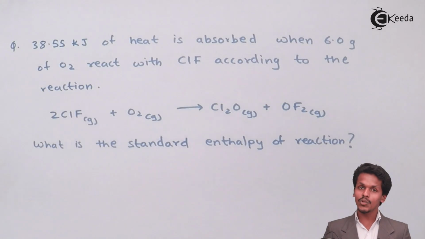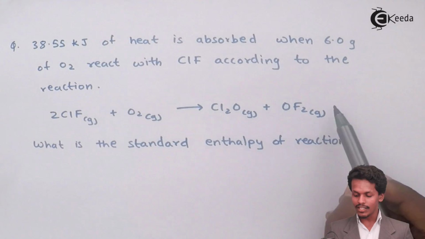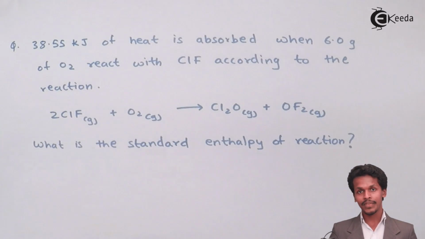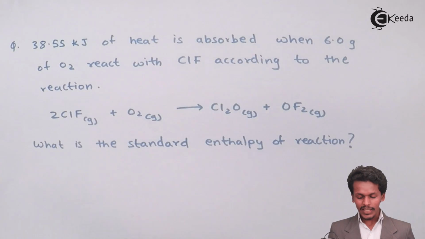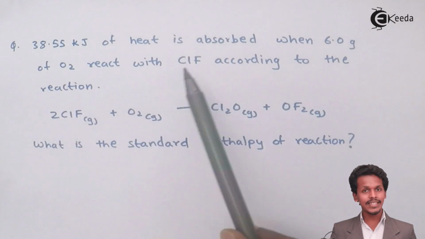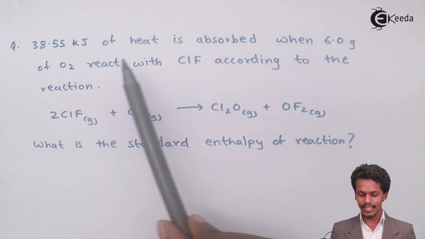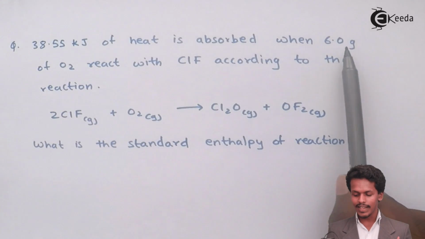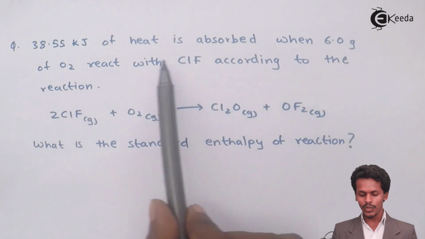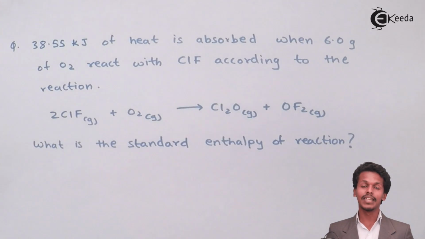It is very easy to calculate, but we have to calculate the delta H of this overall reaction. In this statement, they say that 6 gram of oxygen is involved to give 38.55 kilojoule of heat energy when it reacts with ClF.